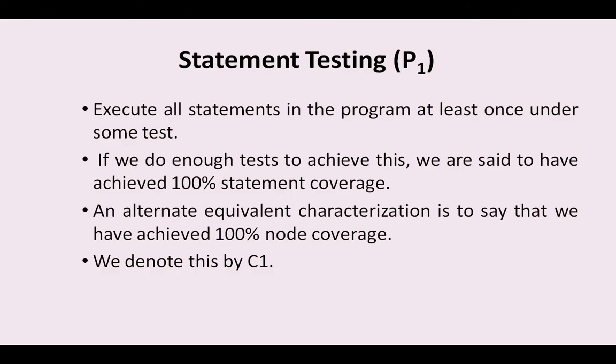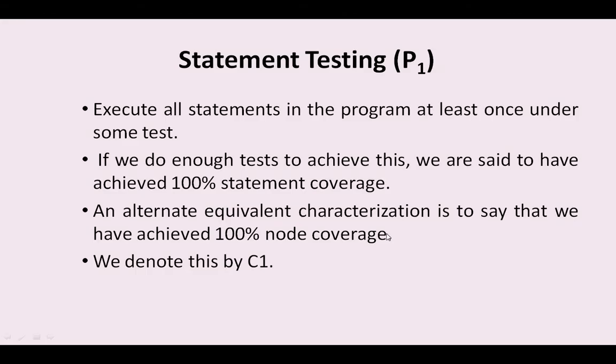One more thing to remember is that statement testing can be denoted by either P1 or C1. Whenever all the statements get executed, we can say firmly that 100% statement coverage is possible, but 100% path coverage is not possible. And 100% node coverage is also possible in a control graph.